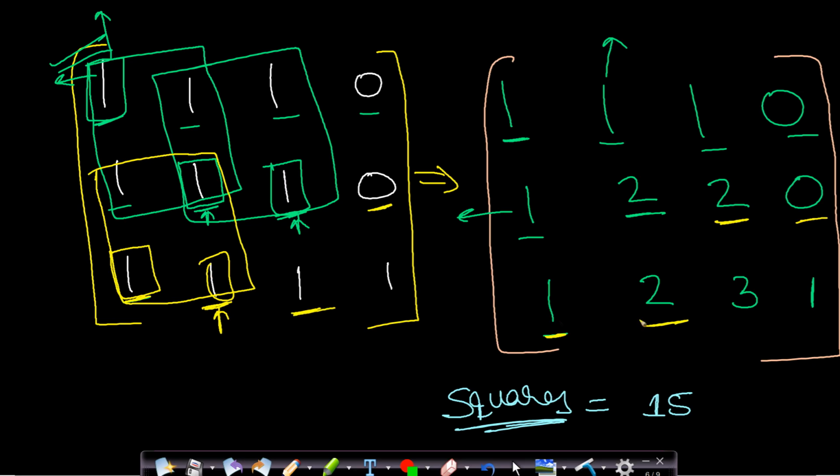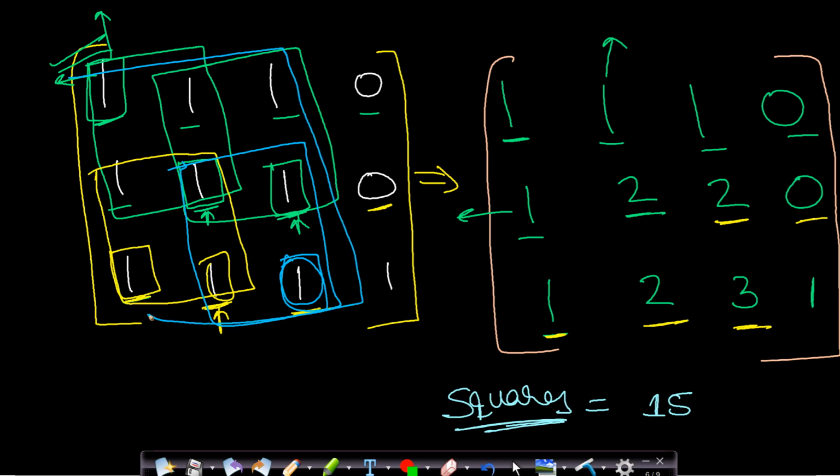Similarly, for this element we will write 3. Because this element is forming the bottom right corner of 3 submatrices, the matrix itself, this one, as well as this larger square matrix. Okay, so here we will write 3, and for this one we will only write 1 because to the top of it we have 0. So this can form the bottom right corner of only itself. So we will write here 1.